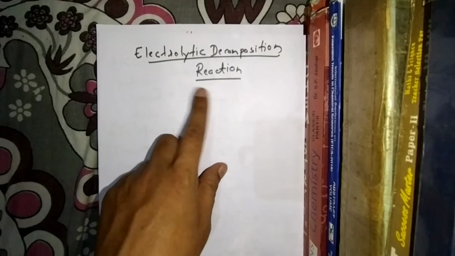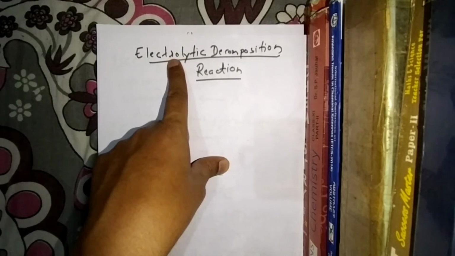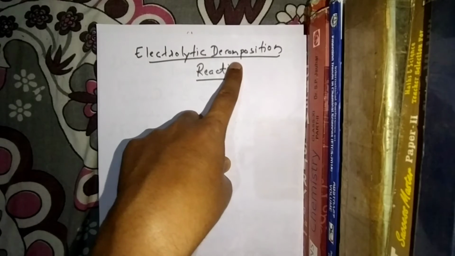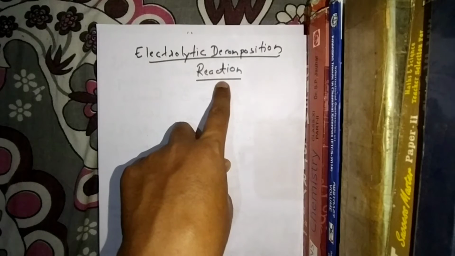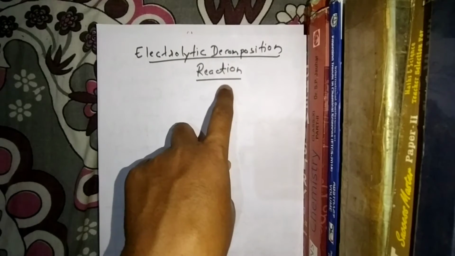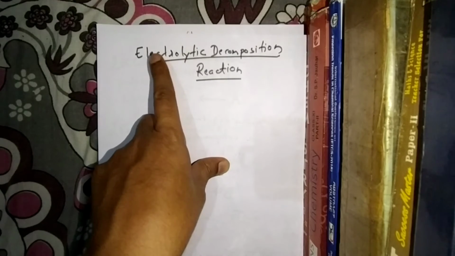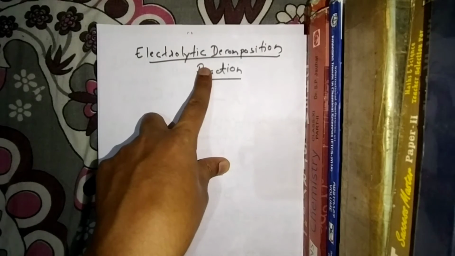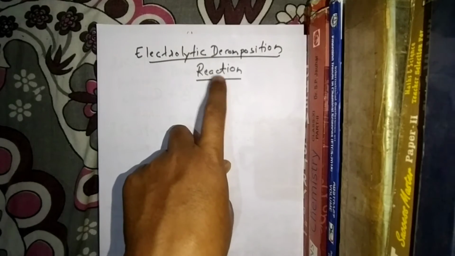Okay student, when the decomposition reaction takes place with the help of electric current, then such type of decomposition reactions are known as electrolytic decomposition reaction. Here the decomposition reaction is taking place with the help of electric current. So this is your second type of decomposition reaction, and it is known as electrolytic decomposition reaction.